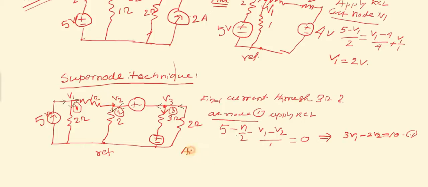Now apply the supernode technique. In the supernode technique, we need to assume mentally that this voltage source is shorted.